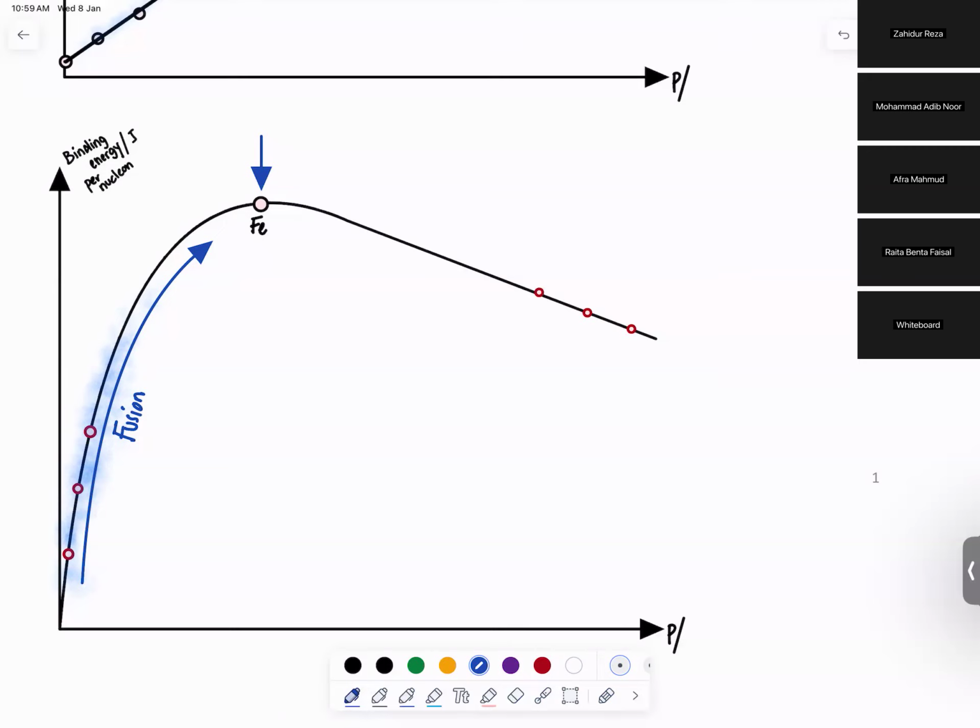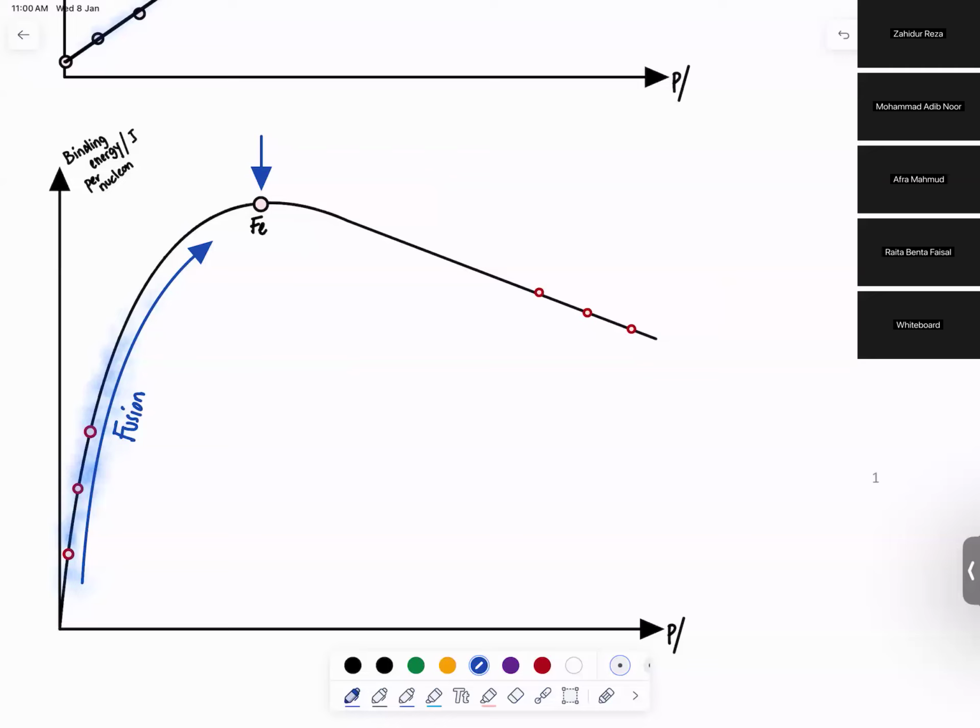The reason behind that is once iron forms, fusion in the core of the star stops, and as fusion is not happening the star can't sustain anymore, so as a consequence the whole thing collapses, right? So anyways, that's what happens when lighter elements want to become iron.